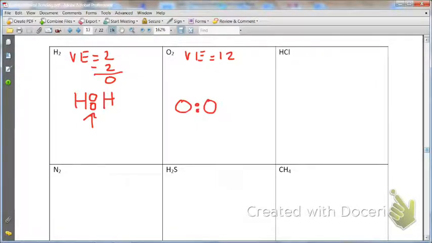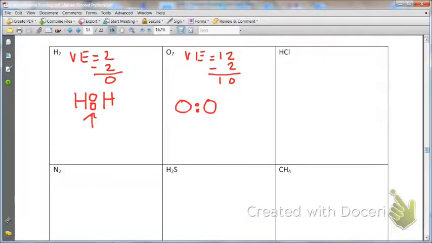Okay. Step 4 says take the number of bonding electrons and subtract it from our original number. So that's what we're going to do. We have 2 bonding electrons, so 12 minus 2 is 10 remaining electrons. Okay. Now, step number 5 says that we distribute the remaining electrons around as lone pairs around the other atoms. Now, what's important is step 5A.